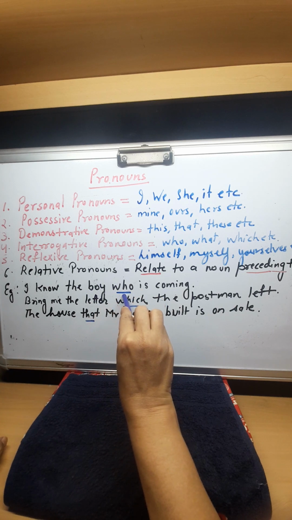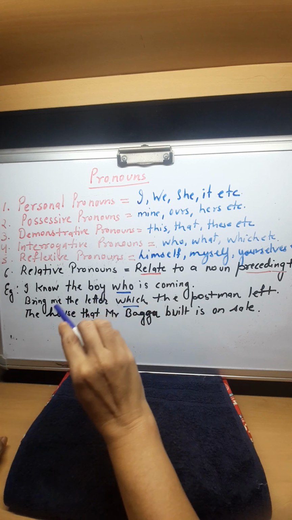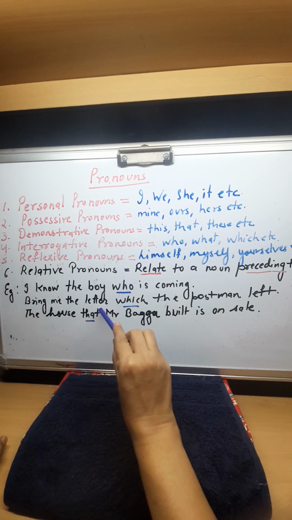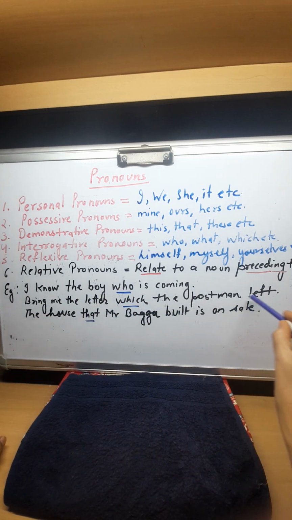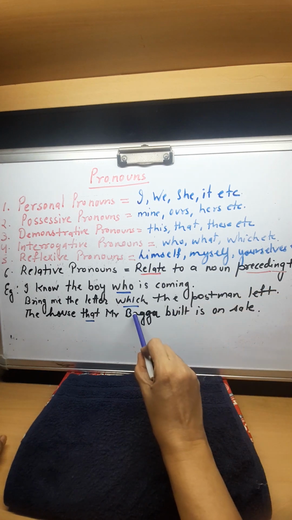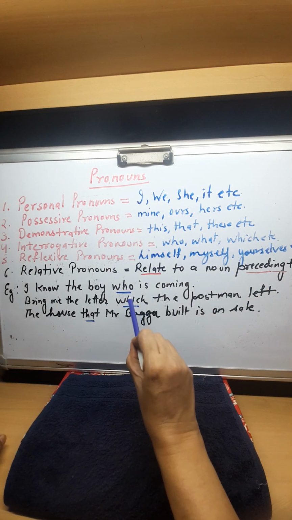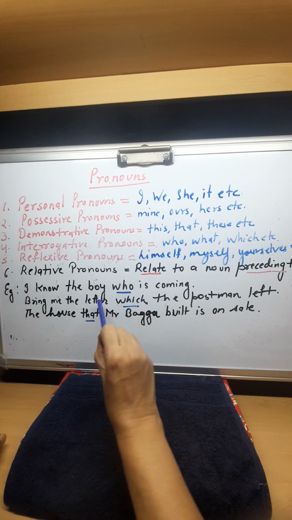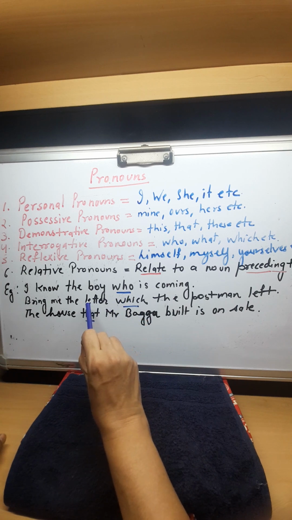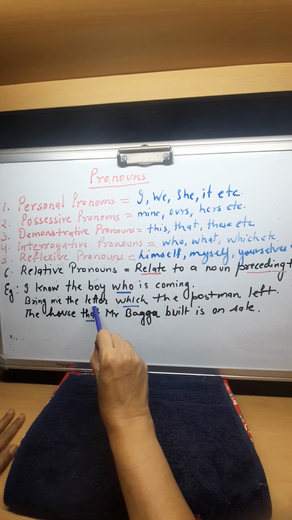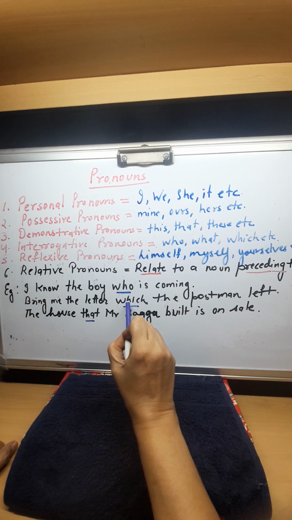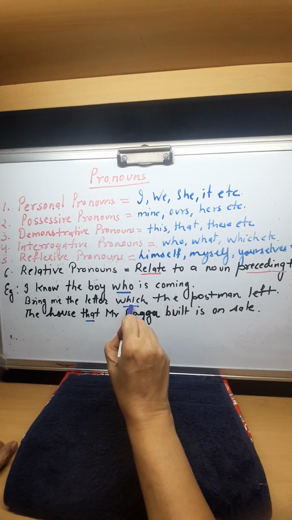This is a relative pronoun. The next example, bring me the letter which the postman left. So which is the relative pronoun? And this pronoun is relating to the noun that is coming before it, the letter. Letter is the name of a thing, so it is a noun, and this relation is shown by the relative pronoun which.